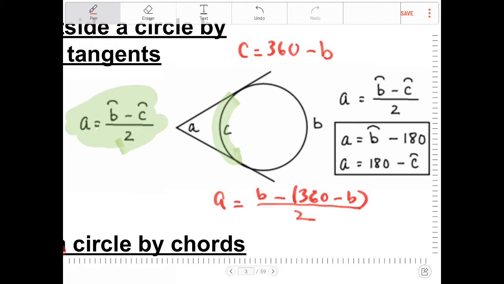If we go through the algebra, we'll end up with B minus 180, which is what I have boxed in there, or alternatively, 180 minus C.